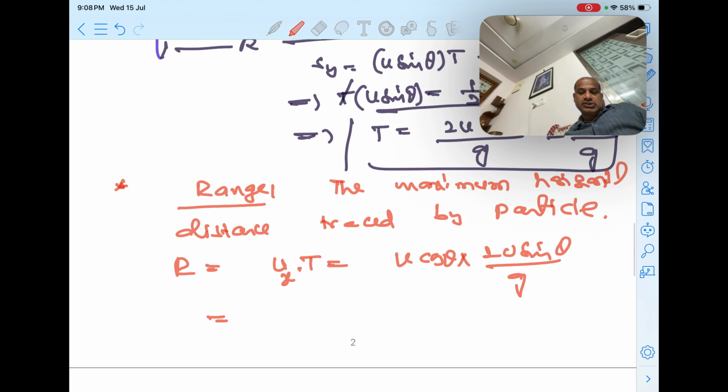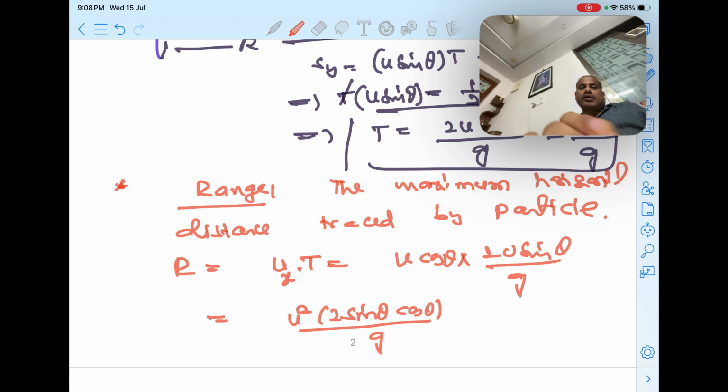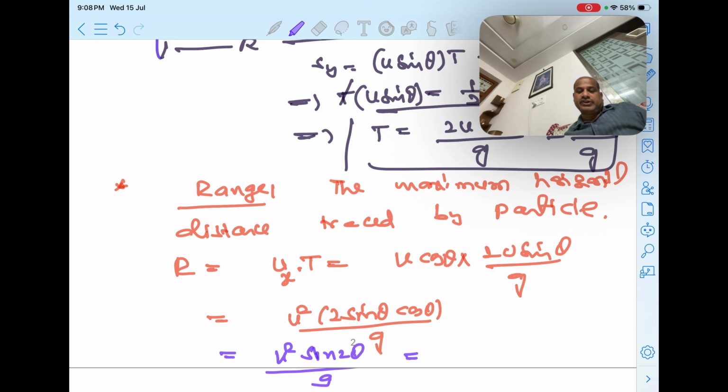So you can also write this expression as u square 2 sin theta cos theta divided by g, or u square sin 2 theta divided by g, or you can also write this one as, see here, this is 2, u sin theta is the y component, u cos theta the x component.